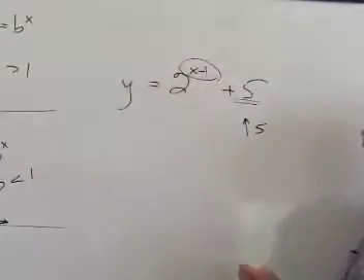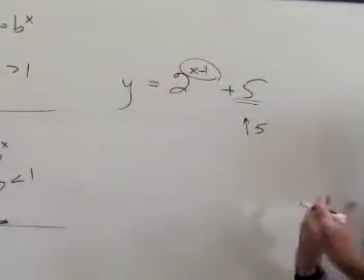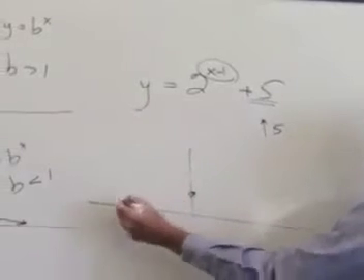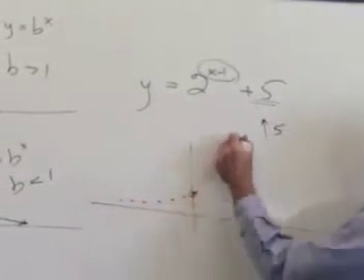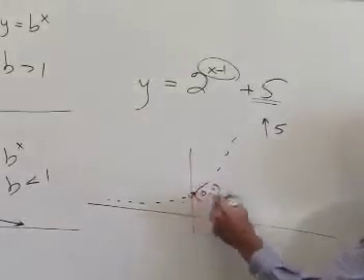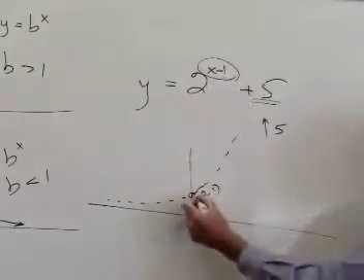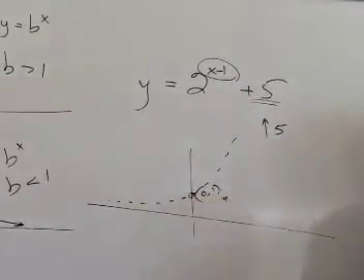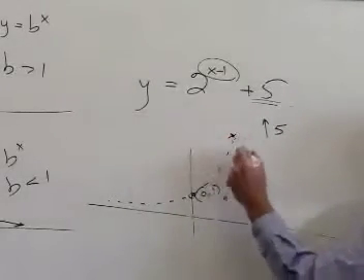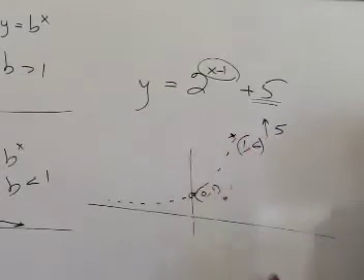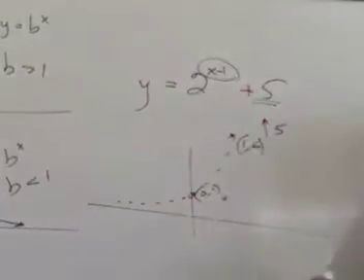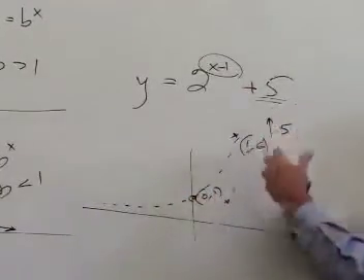And of course, what this does is shift everything over 1. The only key point that we remembered of the parent function was this one. That point used to live at 0, 1. Now it moves over 1 unit, and it moved up 5 units, so now it's living up here at 1, 6. All the points in the graph will move over 1 and up 5.